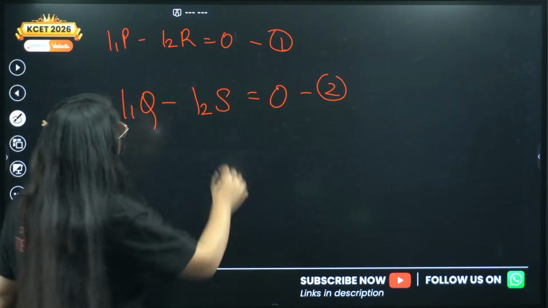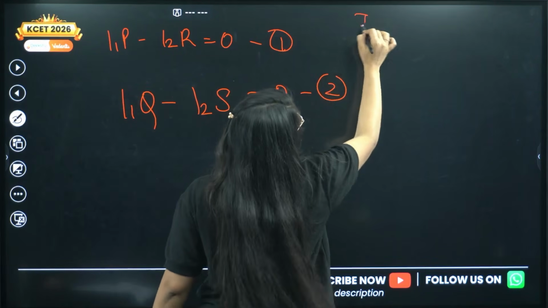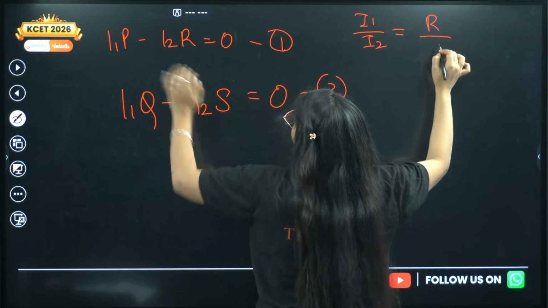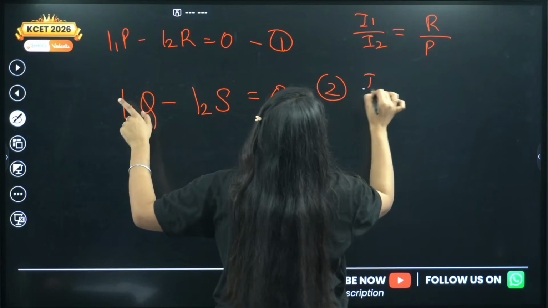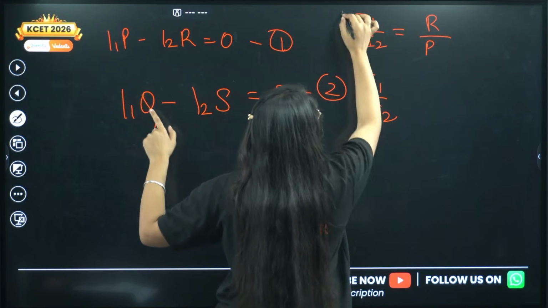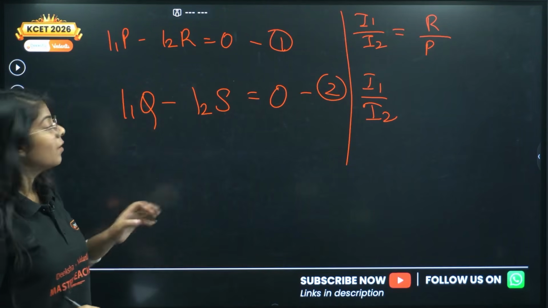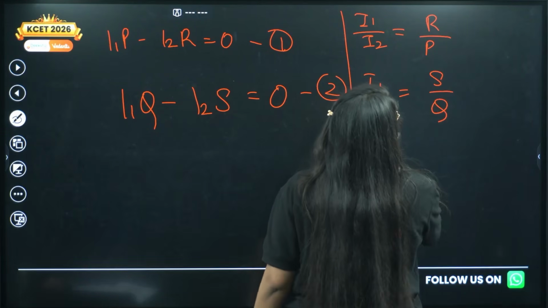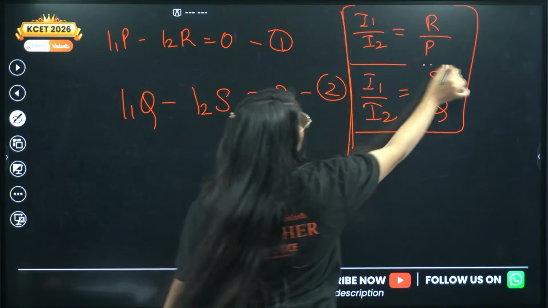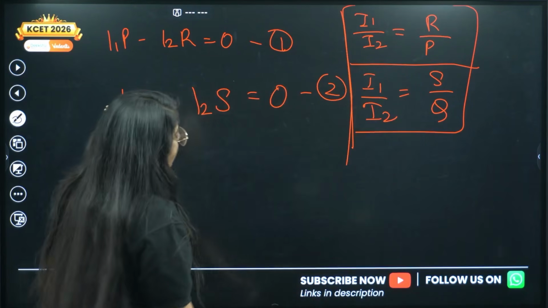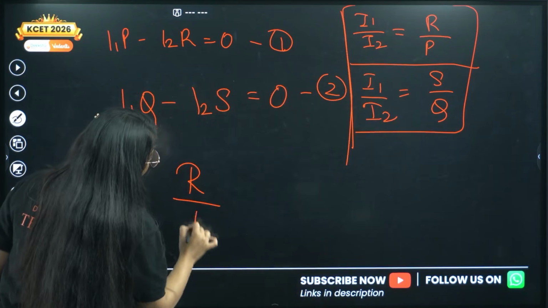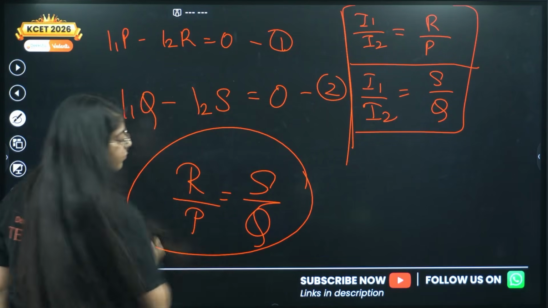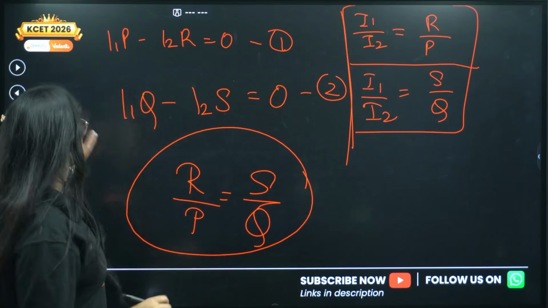If I find I1 by I2 in the first condition, I1 by I2 will be R divided by P. And I1 divided by I2 from the second will be S divided by Q. If I equate these, because both are I1 by I2, that will be R by P equals S by Q. This is the balancing condition.